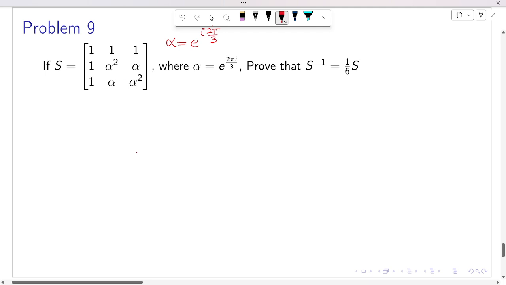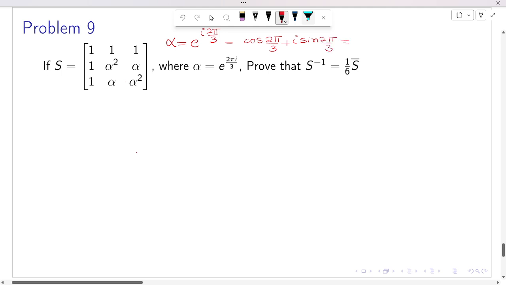And we know what e raised to power iota theta is. e raised to power iota theta is actually cos theta plus iota sin theta. So by using this formulation, alpha is equal to cos 2 pi by 3 plus iota sine 2 pi by 3.